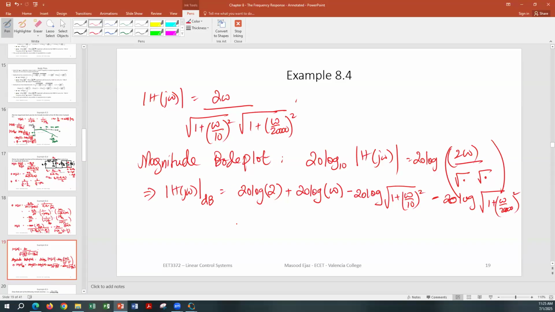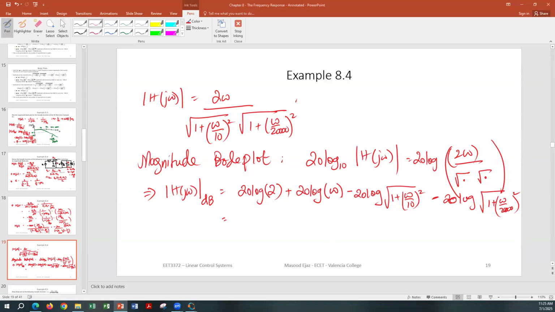Now log of 2 is a constant value. What is the log of 2 times 20? 20 times log 10 of 2 is 6.02.